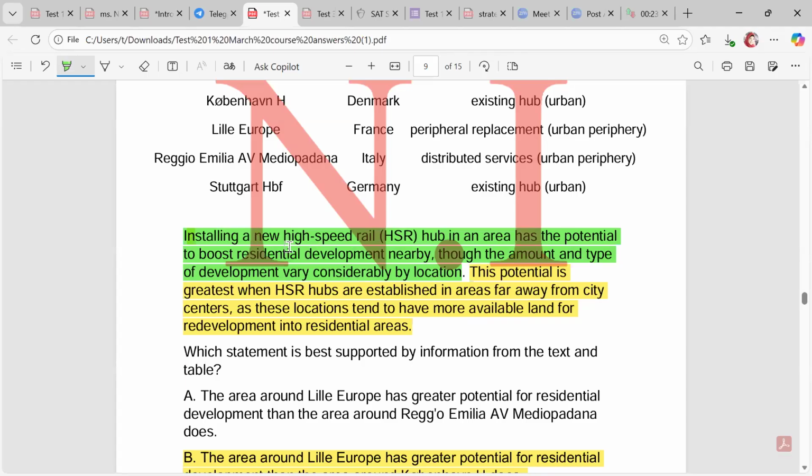So here: installing a new high-speed rail HSR hub in an area has the potential to increase residential development nearby.